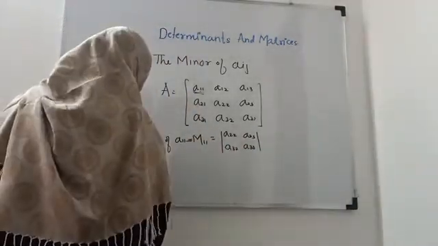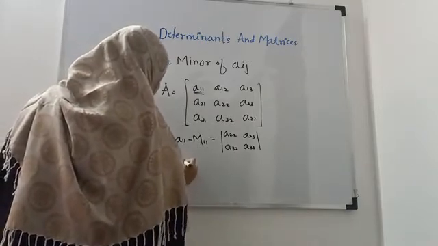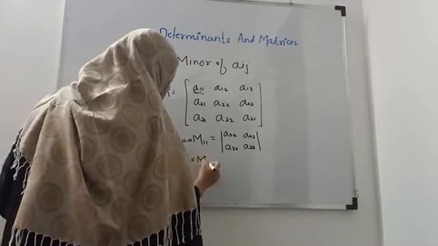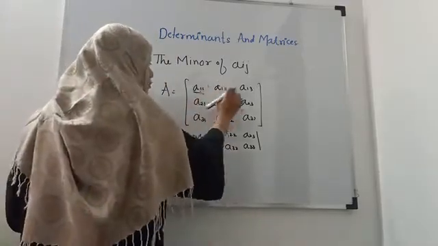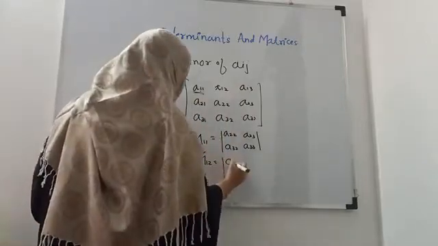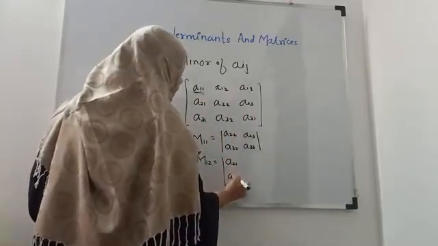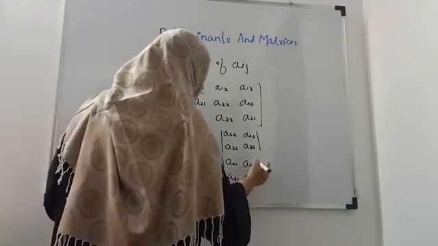Similarly, the minor of A12, that is M12 here. What will be its minor? The corresponding row and column will be eliminated, and you will be left with A21, A31, A23 and A33.